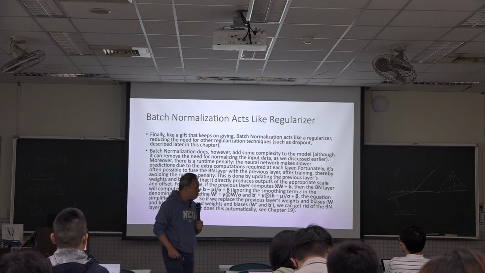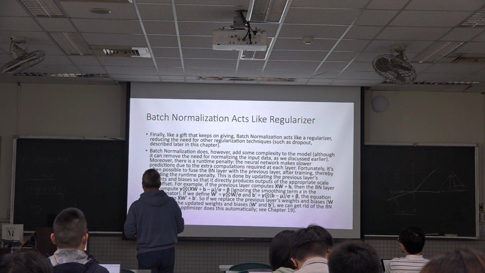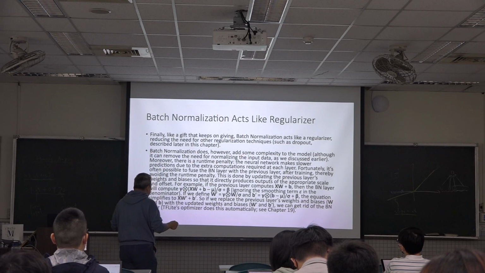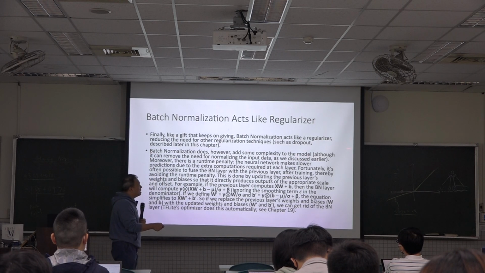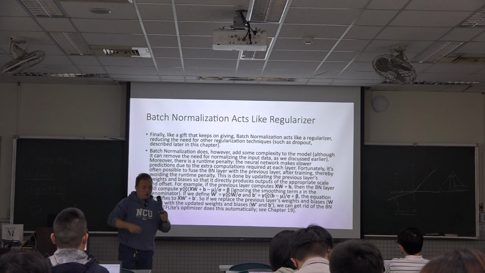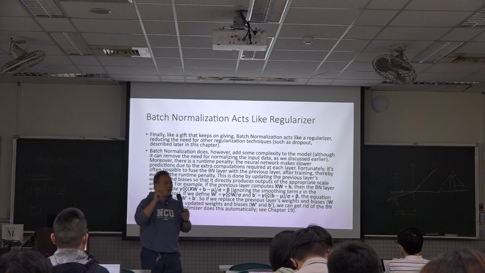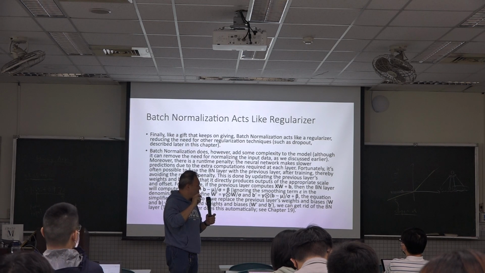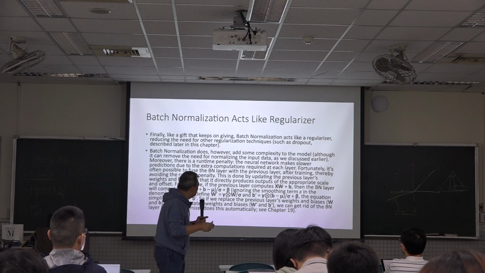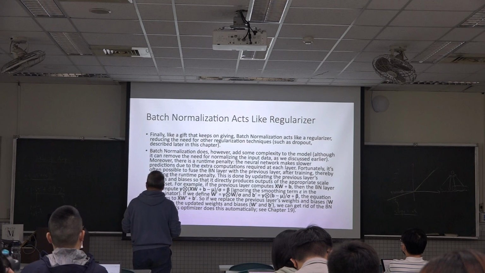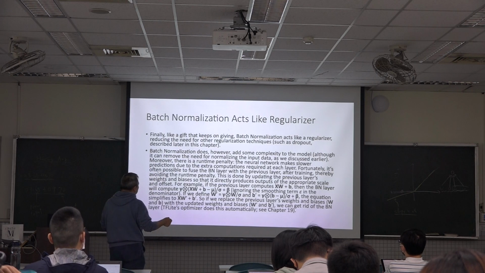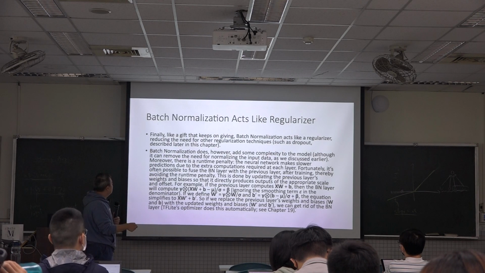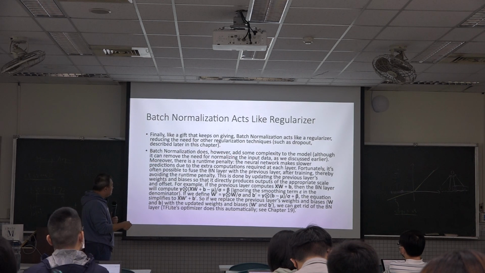Batch normalization, however, adds some complexity to the model, because we need to do some additional computation, even though those computations are not that many. Still, it adds a little bit more complexity to the model, so there's a runtime penalty.